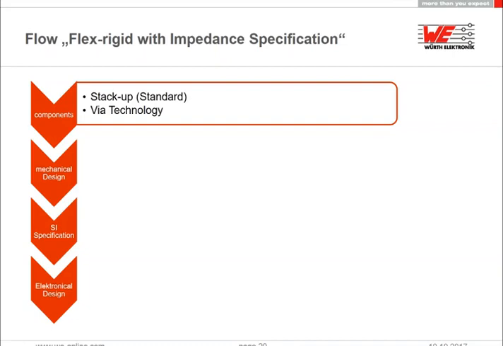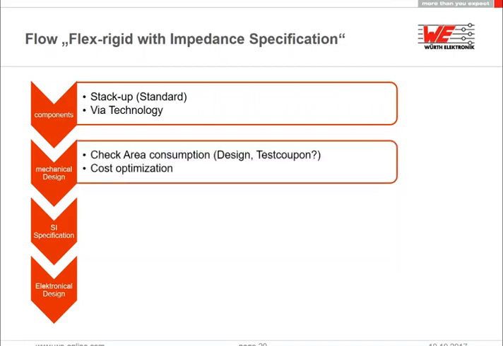In the first approach, we will look within the standard stack ups to find a stack up meeting the requirements of the components. At the same time, this defines the via technology, whether we can stay with standard through-hole vias or whether we have to use microvias or even buried vias or stacked microvias.